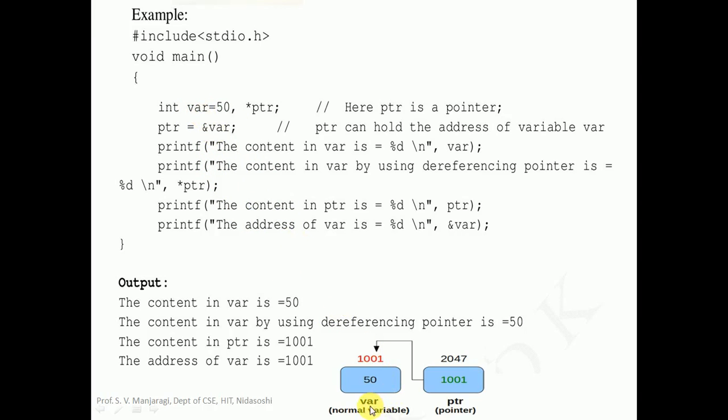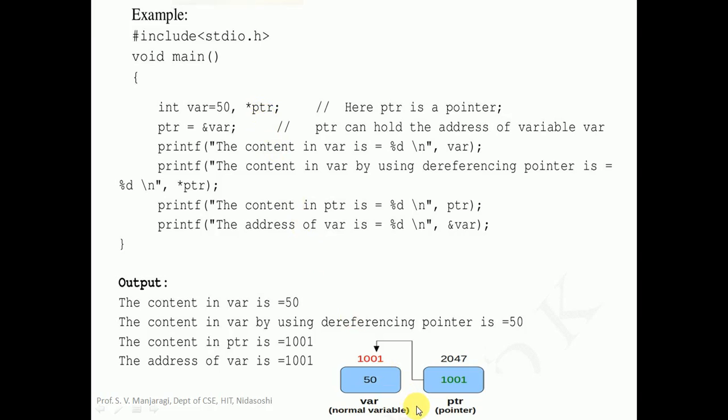So var is the variable name which is given to the memory location, and the address of the memory location is 1001, and the value stored at the memory location is 50. Now let us move on to the pointer variable. Pointer is also a variable, but it is a special type of variable which can store address of another integer type variable.